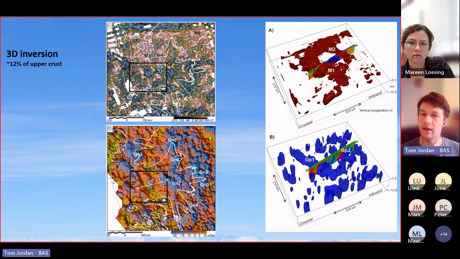And one of the outcomes of this is it suggests that this high susceptibility body shown in red in that figure A contributes about 12% of the upper 12 kilometers of the crust. So that is a really significant volume of the crust is made up of this high susceptibility material.